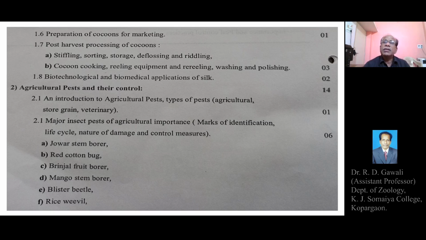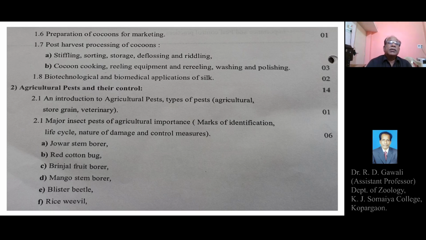Then deflossing means removal of the undesired flossy mass which is present around the cocoon. Then riddling means grading, that is separation of the large, medium, and small size cocoons.